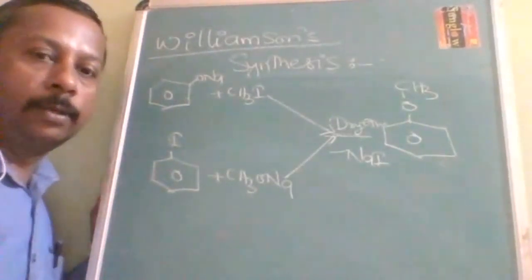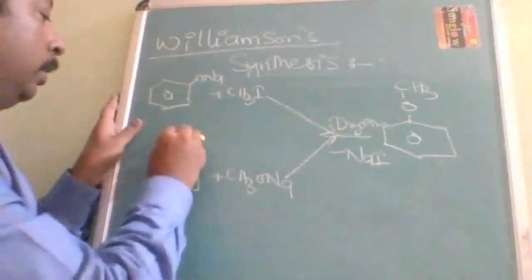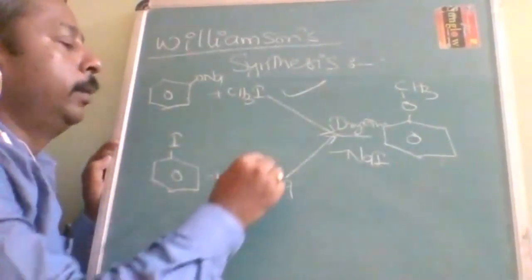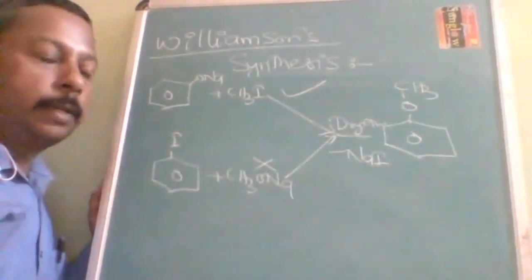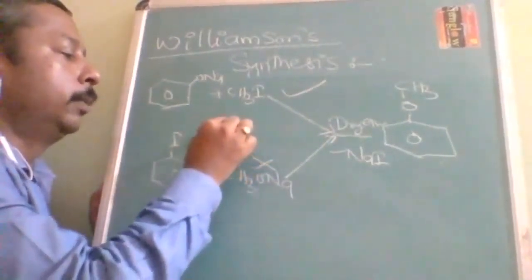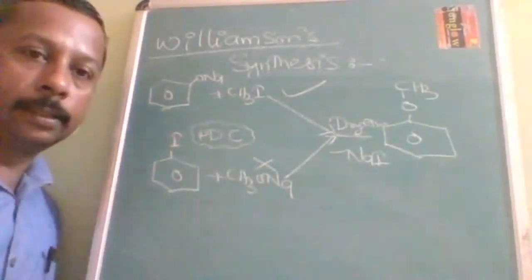Which is not suitable, and why, is the main reason. Here the proper reactant is this one and the improper reactant is this one. Why? Because of the partial double bond character. Otherwise, you can guess the answer.